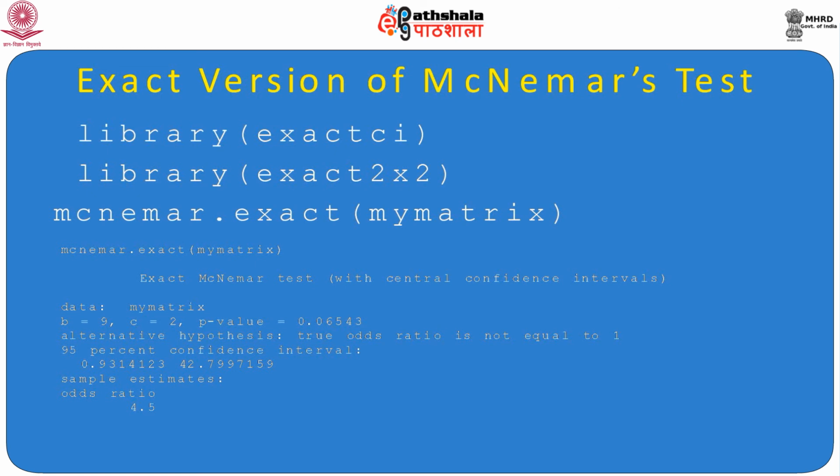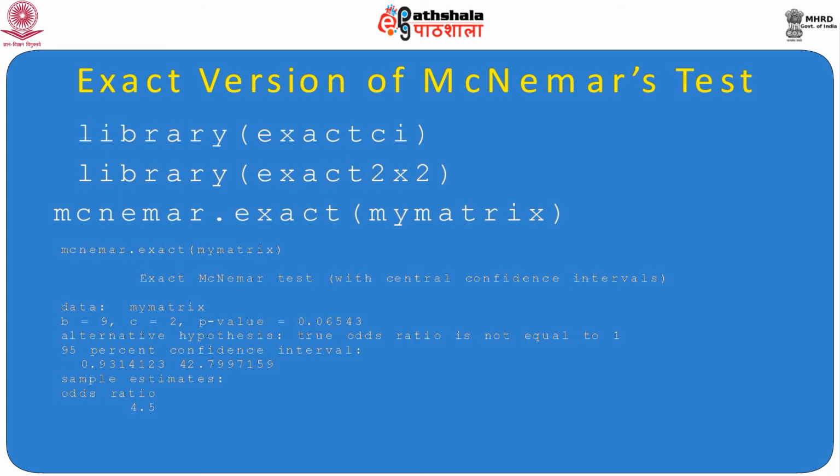We have also seen how to prepare the 2 by 2 table using the matrix function. Once we prepare the 2 by 2 table, statistical inference can be obtained through the odds ratio, and the odds ratio gives us the idea about the matching analysis result that we have seen here.